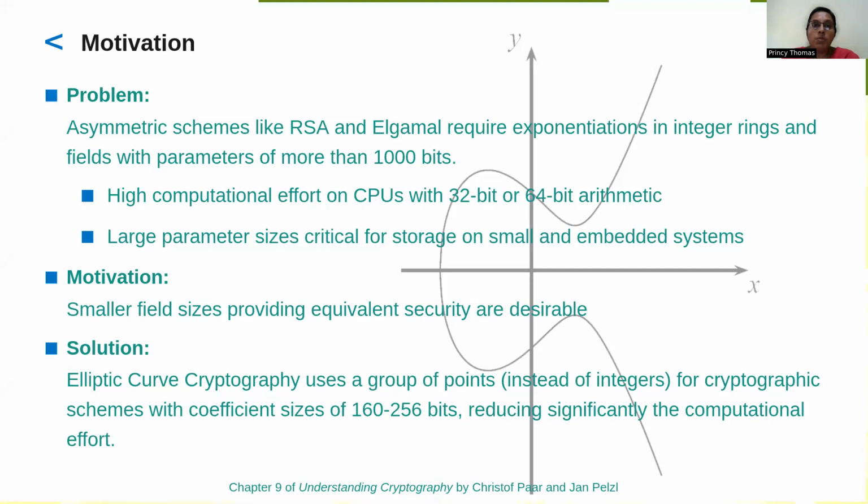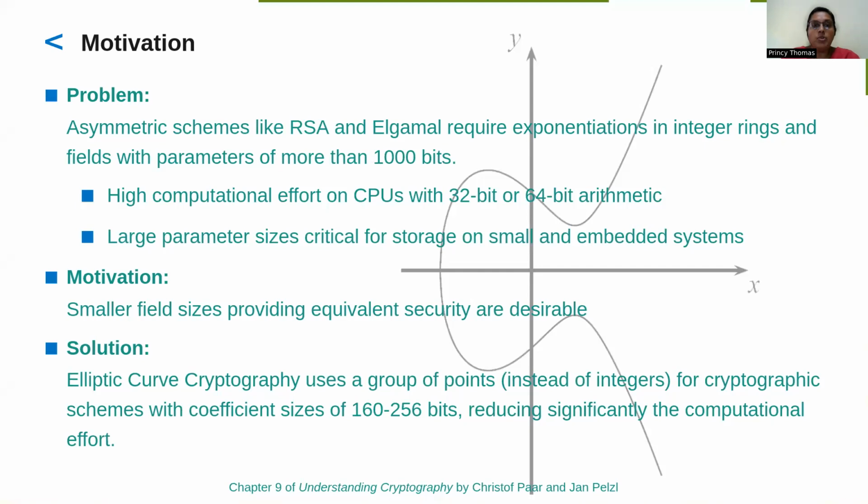The problem was that in asymmetric, that is PKC, methods like RSA or El-Gamal or Diffie-Hellman, we required exponentiations in integer rings and fields. Rings and fields were used, with large numbers with parameters of more than 1000 bits.